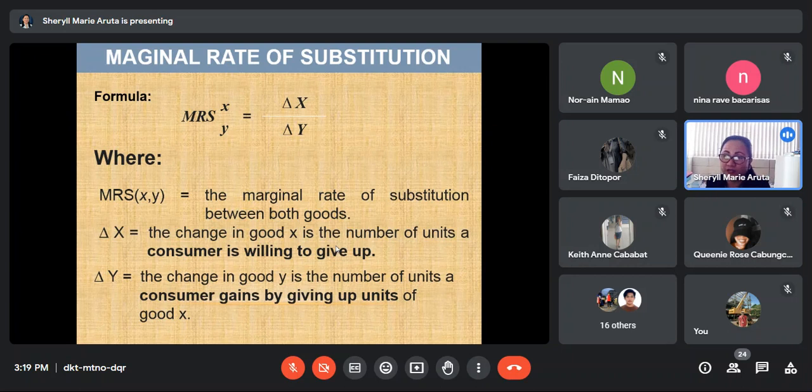That's why, as you observed earlier, x is clothing and y is food.